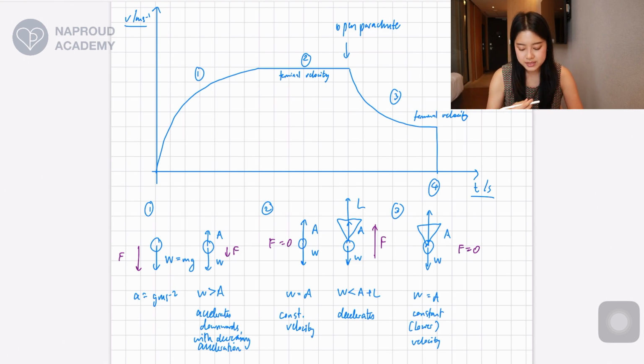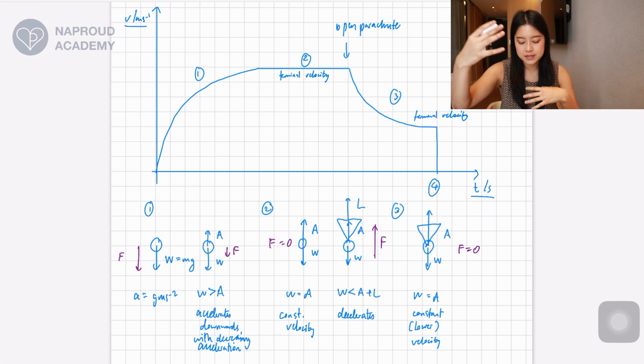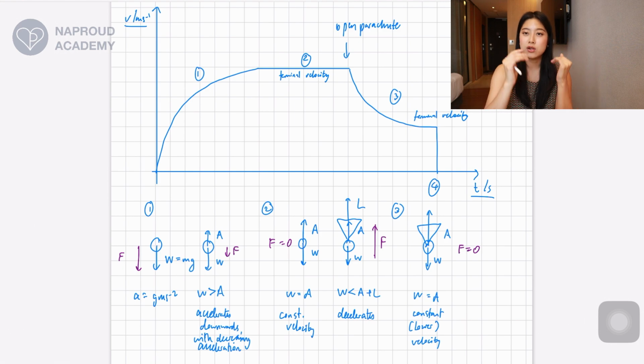So with more surface area, it's going to experience much greater air resistance. The air resistance is going to increase, but the weight is not going to increase. The weight is going to stay the same, which means for the first time, we actually have a force acting upwards instead, because the effect of the air resistance is greater than the downwards weight.